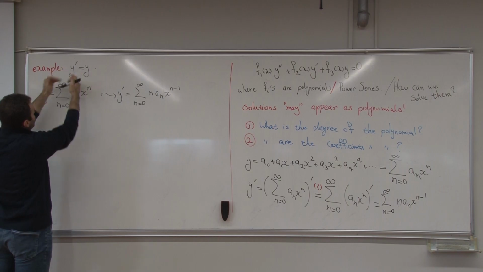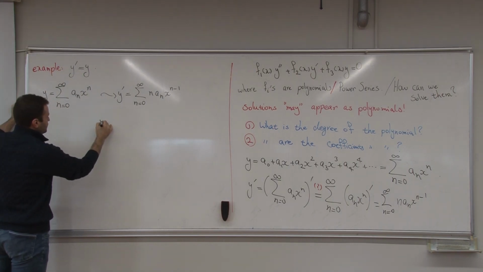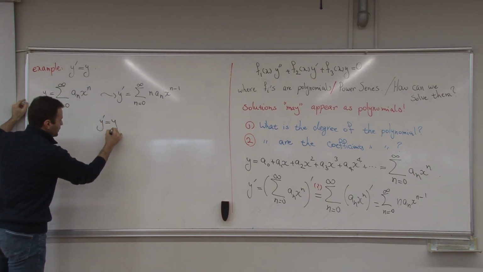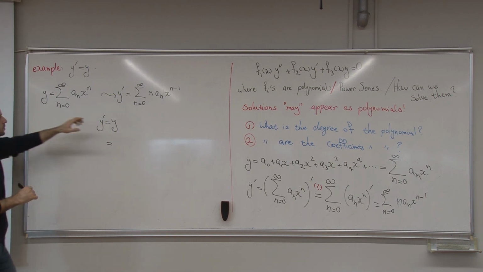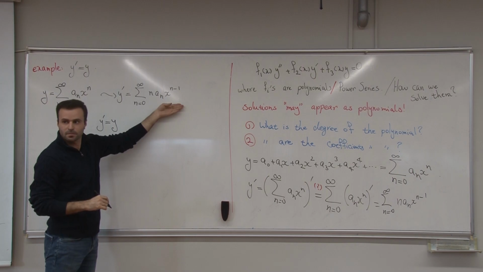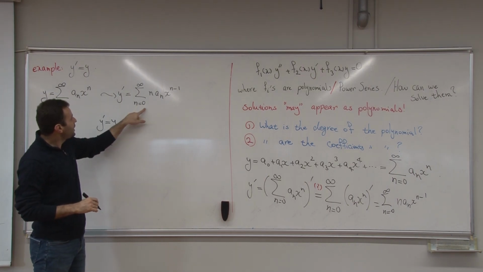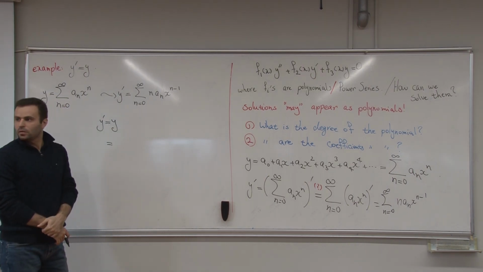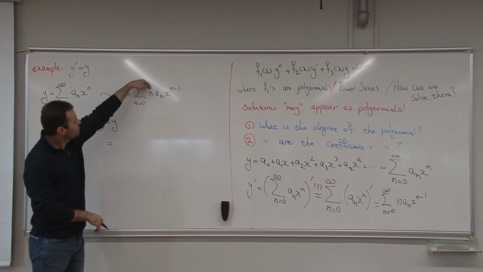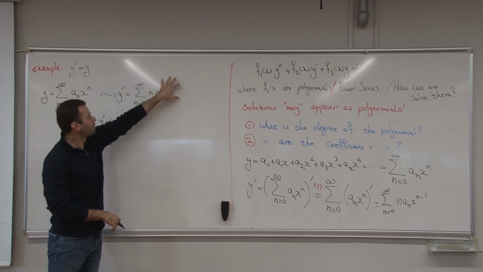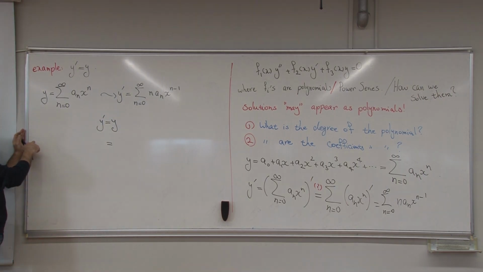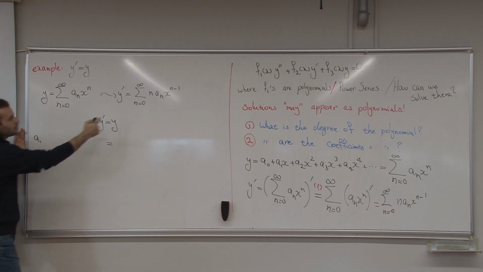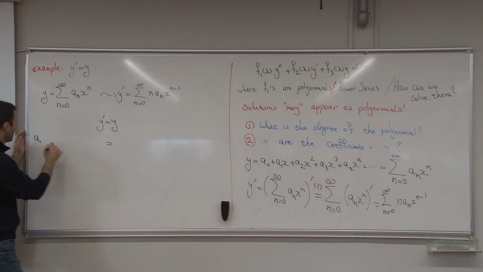What do I have for y prime? y prime equal to y. Instead of y prime, I need to write this, right? Instead of n, if you give 0, what do we get? 0 times a0, which is 0. What if we give 1? We have a1 x to the power of 0.